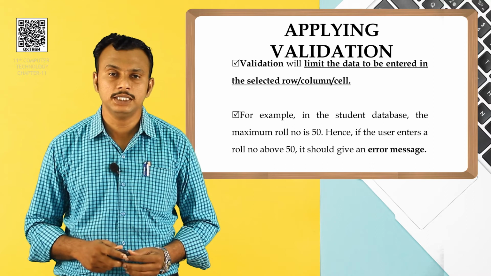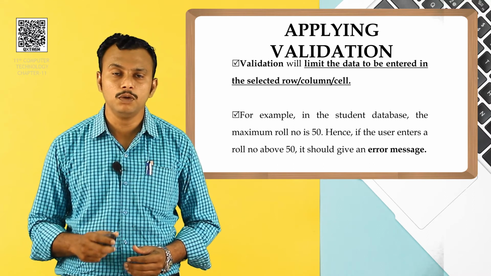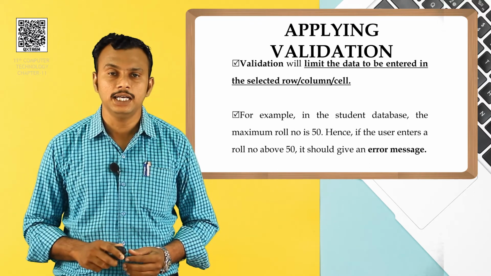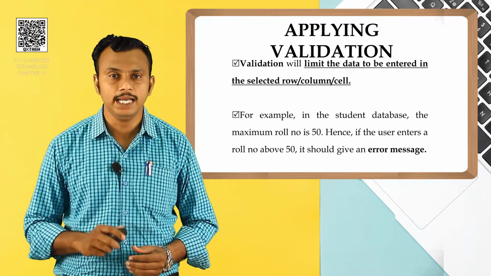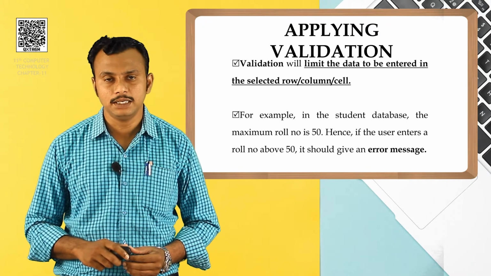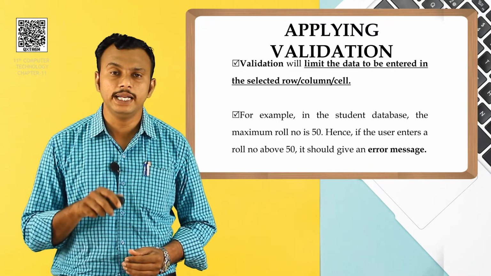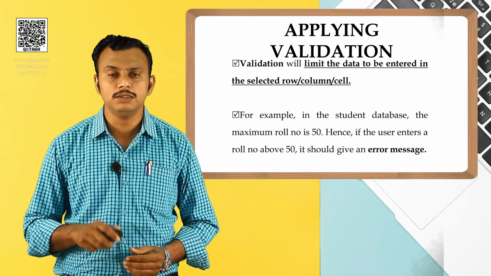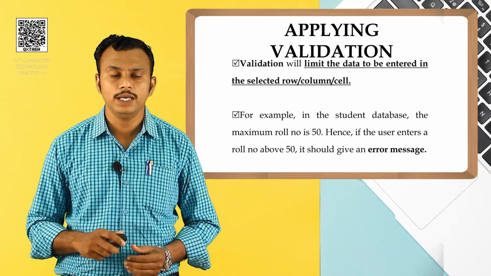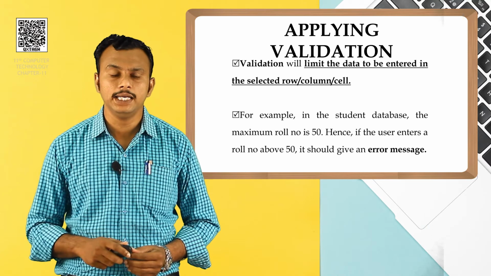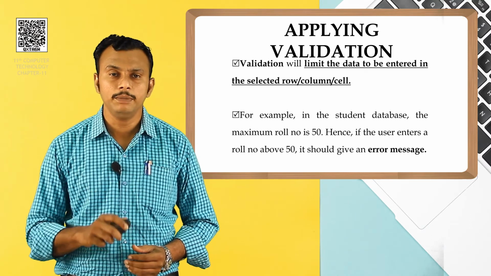Filter means we are going to see only the selected data, and the other data are hidden. But validation means whenever we are entering data into the cell, we can limit the data. Whenever we are typing the data in the cell, we can limit the data.